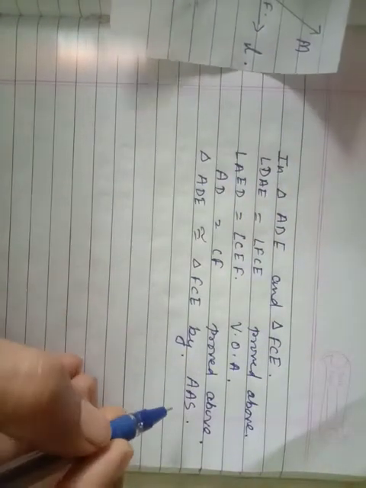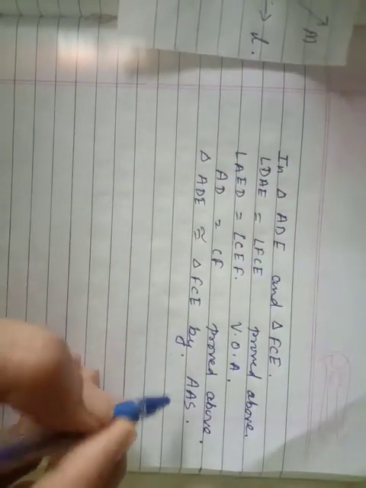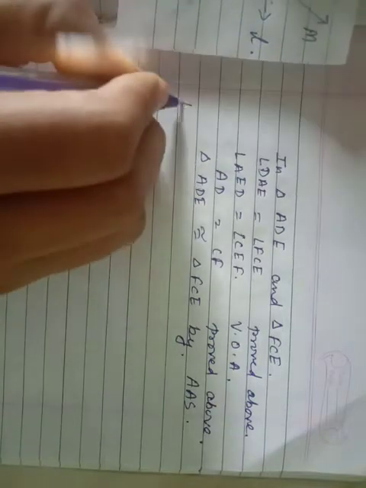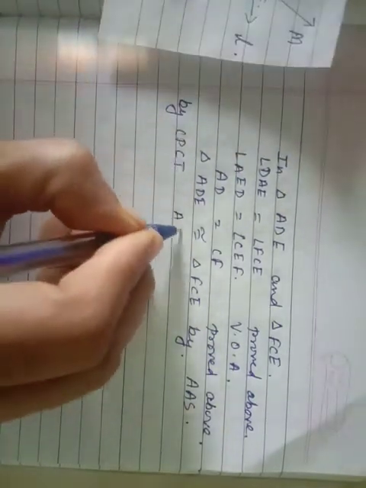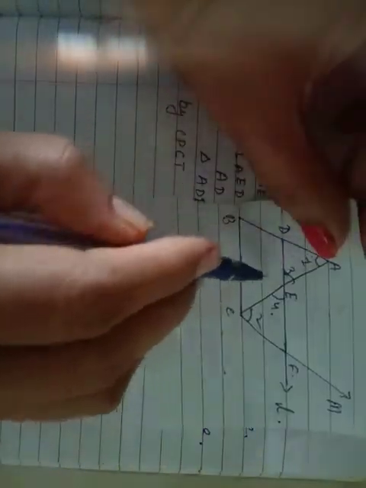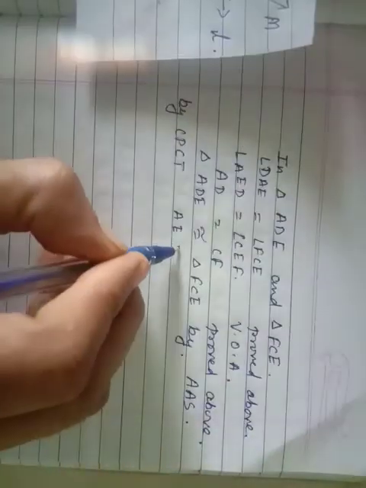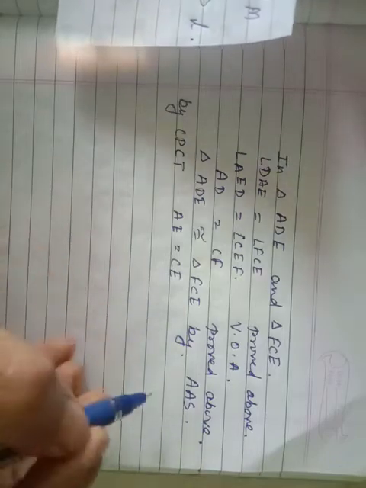In the midpoint theorem we proved triangles congruent by ASA. Now here we are taking AAS because the side is not included here. So by AAS the triangles are congruent. So by CPCT we can say that AE is equal to CE by CPCT.